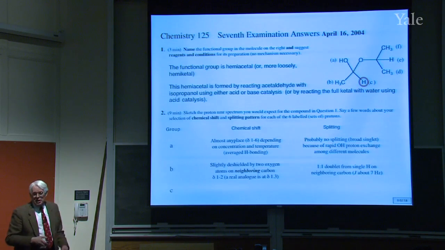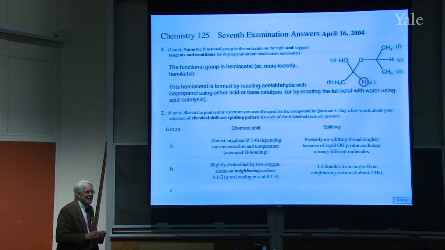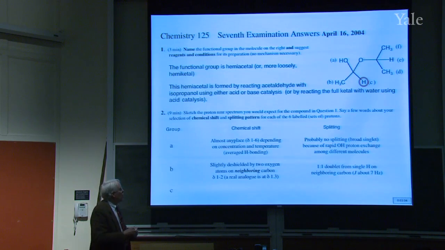Okay, now how about C? What should it look like? What should its chemical shift be relative to, say, these hydrogens? Doublet of quadruplets. Derek, what did you say? I said a doublet of quadruplets. Not the splitting. What should the chemical shift be first? In the middle.